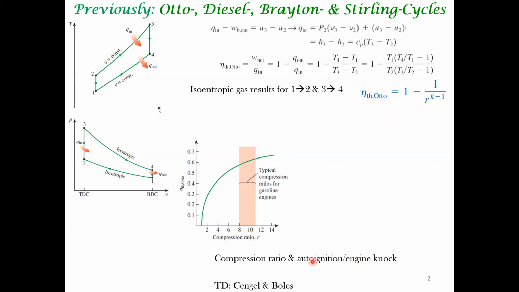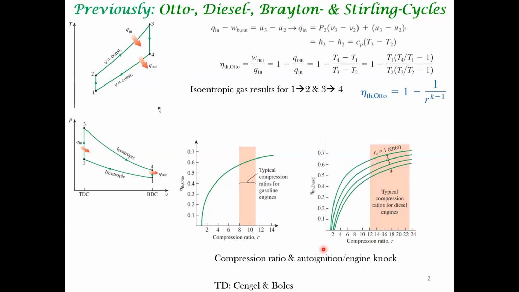To overcome that, you introduce the diesel engine, which doesn't have a spark plug, and only the compressed gas is just the air, and fuel is injected. Fuel injection occurs.